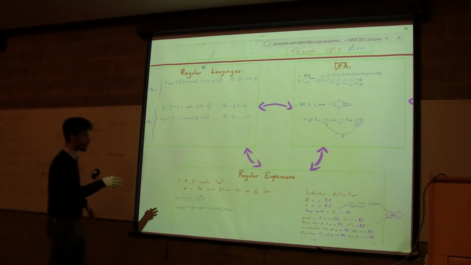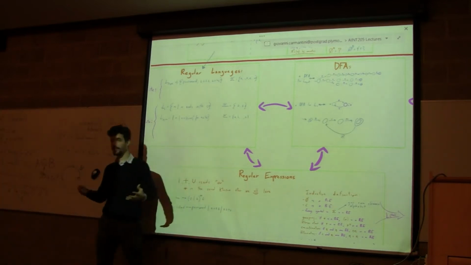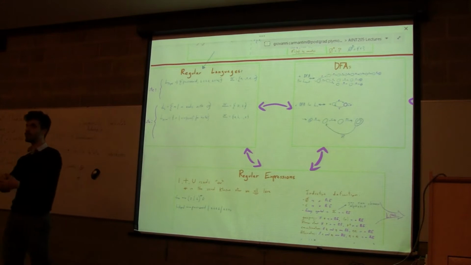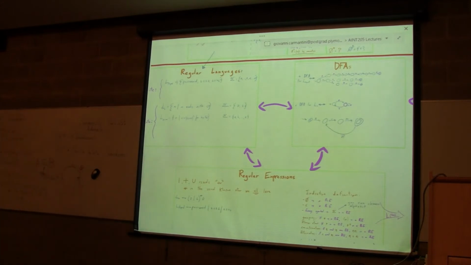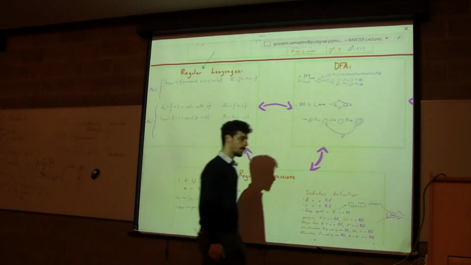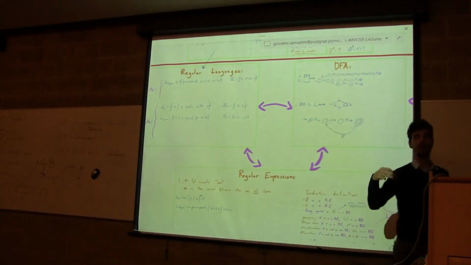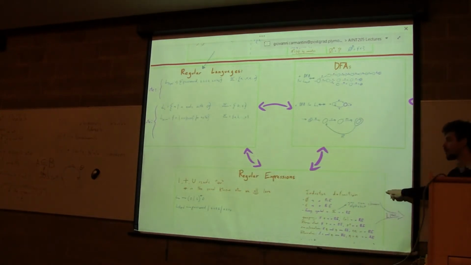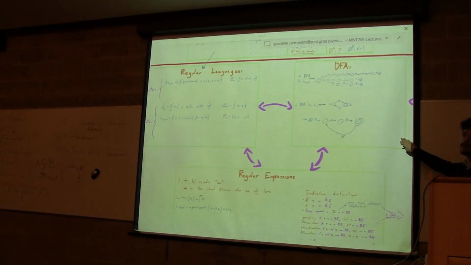And the same with regular expressions. You can build a regular expression representing a regular language, but you can give many regular expressions which represent exactly one regular language, so that they are equivalent. You have many equivalent regular expressions, many equivalent DFAs, but you have only one regular language with some characteristics. If you have two, they are the same. So they're not equivalent, they're actually the same.